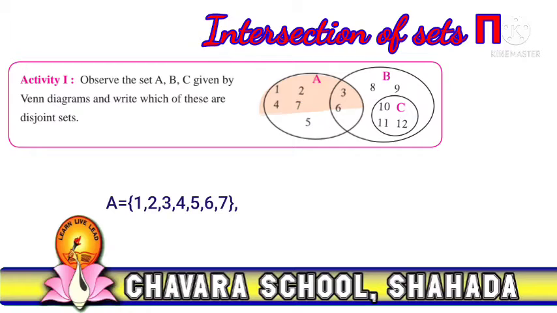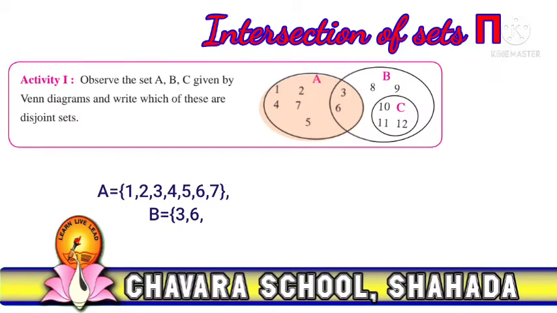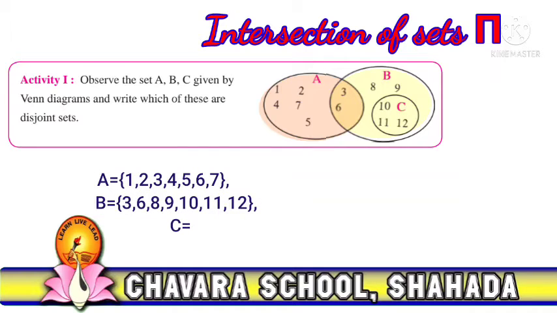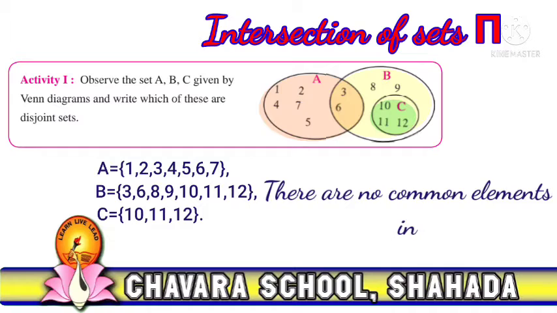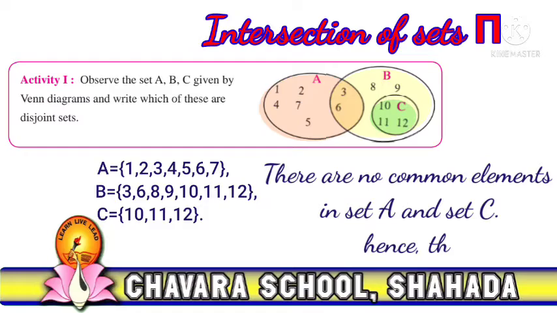B is equal to {3, 6, 8, 9, 10, 11, 12}. C is equal to {10, 11, 12}. From the Venn diagram, we observe there are no common elements in set A and set C. Hence, they are disjoint sets.